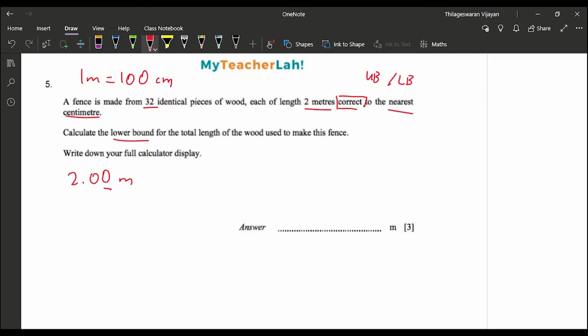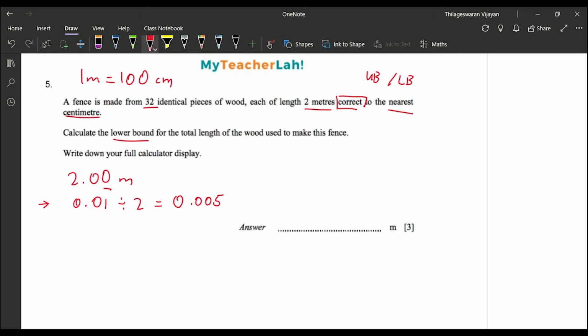So now, in order for you to find the lower bound, you first need to get the unit value here. The unit value would be 0.01. Divide by 2. Always divide it by 2. You will end up with 0.005.